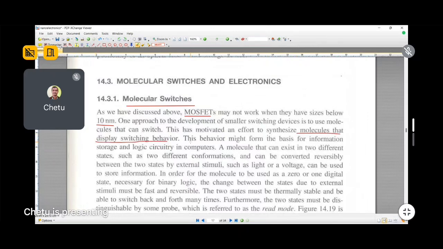Means they can be conducting and they can be non-conducting, on certain conditions. These molecules can be conducting or non-conducting depending upon the light falling on them, or depending upon the voltage applied to them. So this can be used to create storage and logic circuitry in the computer.